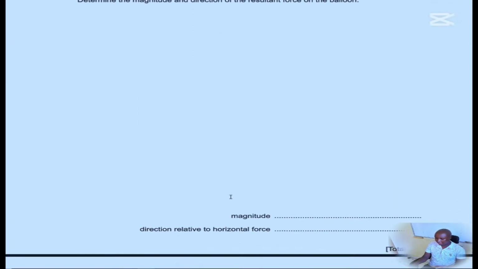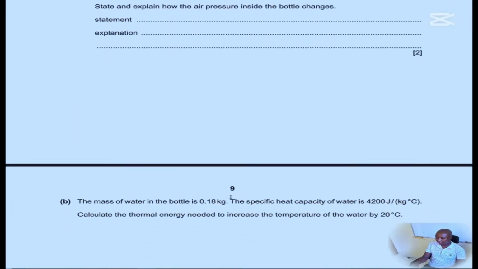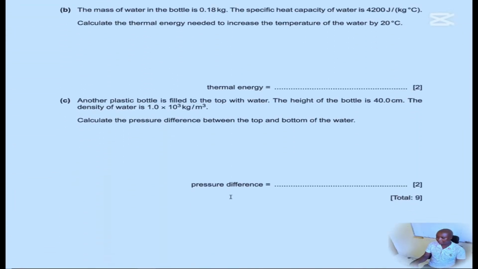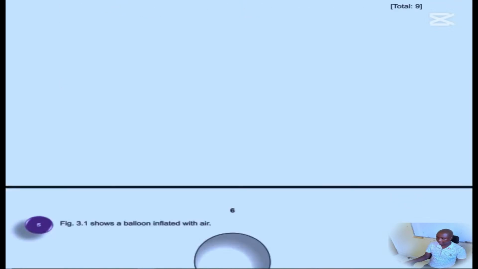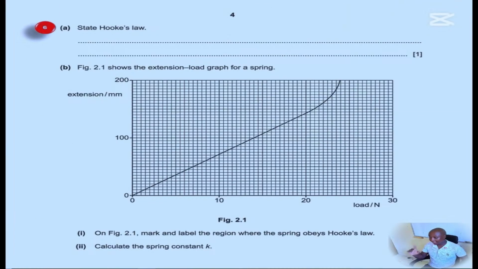So these are the key concepts that are very important. Pressure is really very key for you to go through, so more concepts that are quite also important.